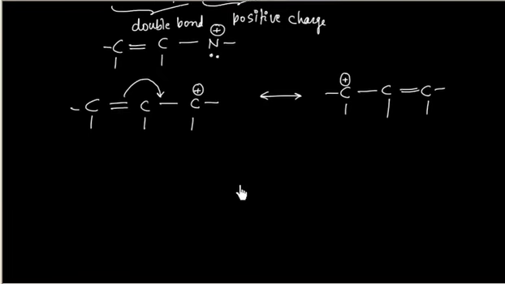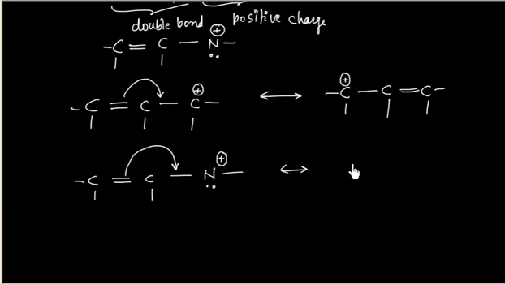Similarly in this case, simply I have a bond. Nitrogen has a +1 formal charge. So we can flow this arrow here, that is we can convert a bond pair into another bond pair.